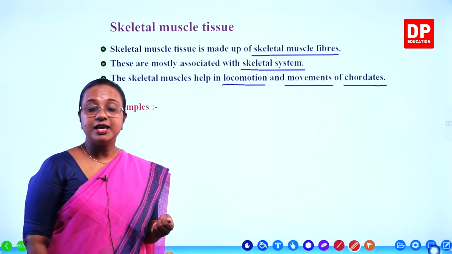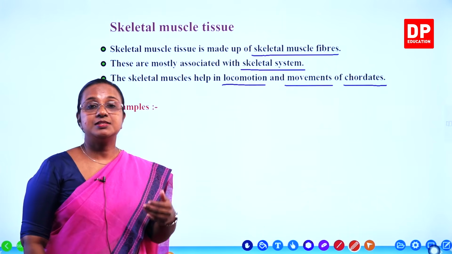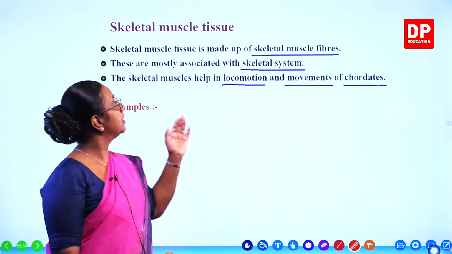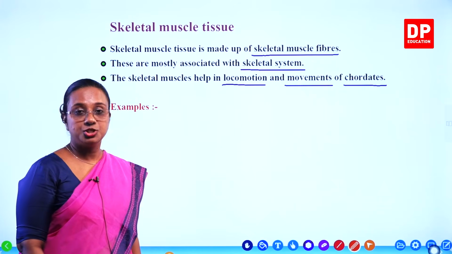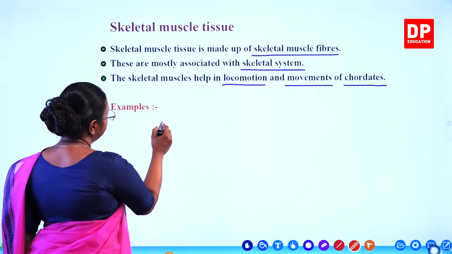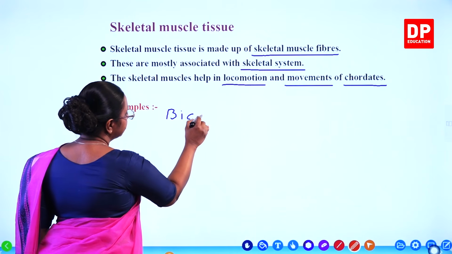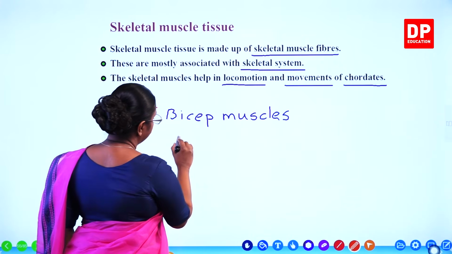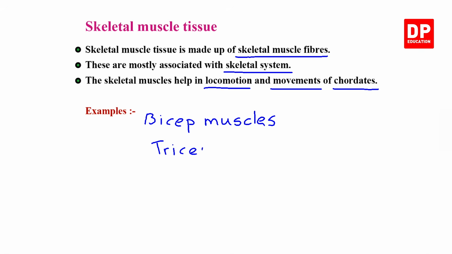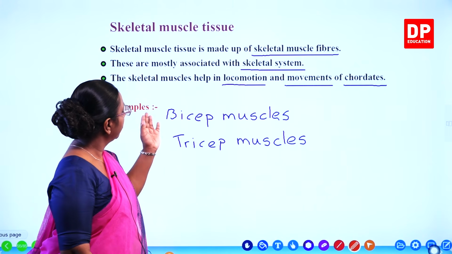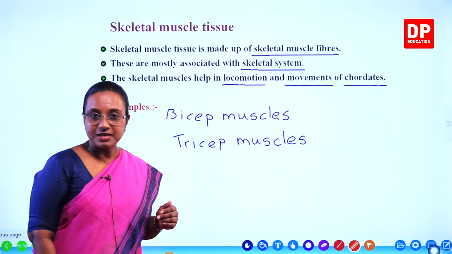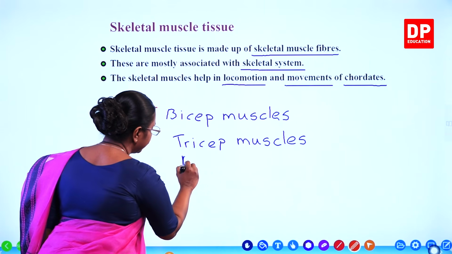So these are why the body has skeletal muscle. If we look at different examples, the bicep muscles of the hand and the tricep muscles of the hand are very good examples of skeletal muscle tissue. So bicep and tricep muscles of the hands. I said the muscles in legs, that is also another example.